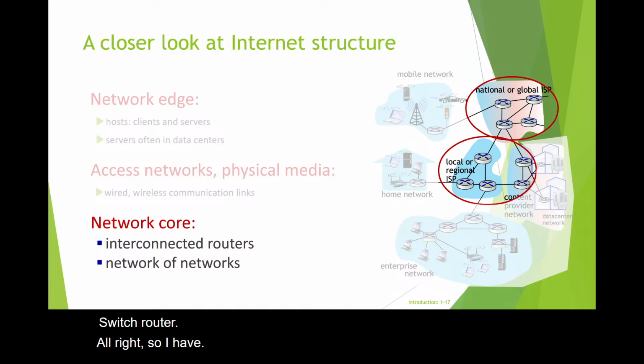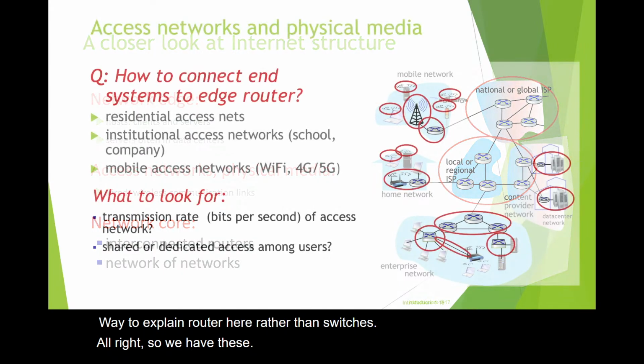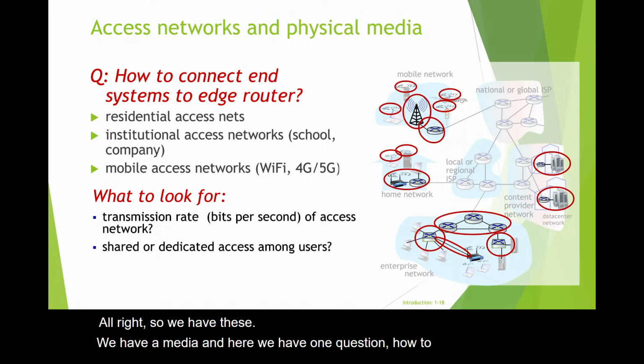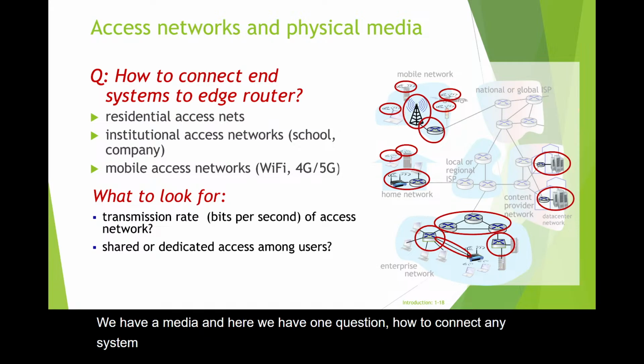I have a way to explain routers here rather than switches. Alright, so we have these media, and here we have one question: how to connect any system to the edge router? Here we call it the edge router.